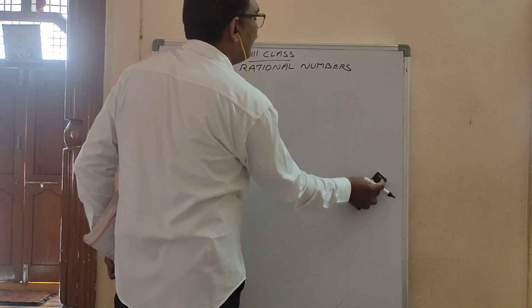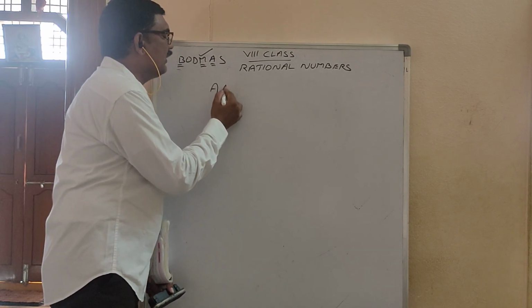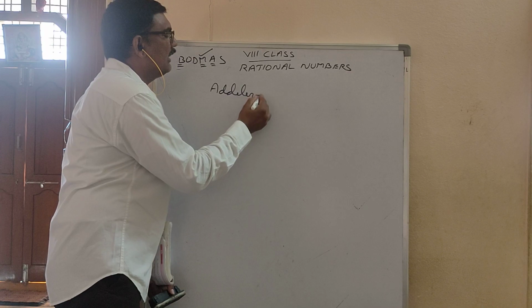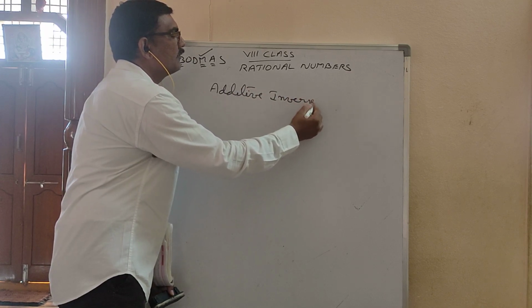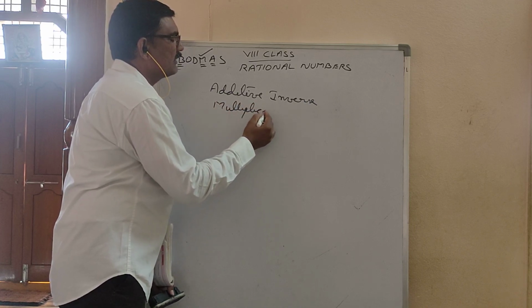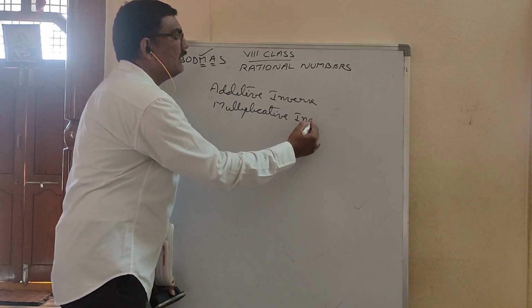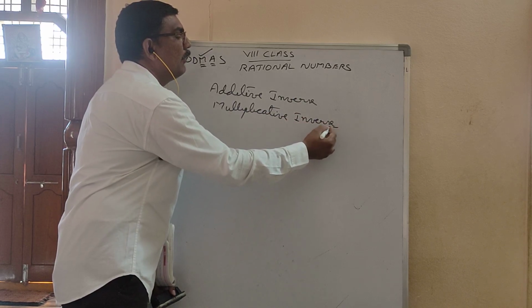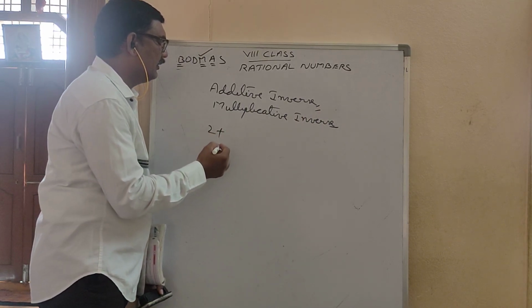What is inverse? Here we have two types of inverses: additive inverse and multiplicative inverse. What is additive inverse and what is multiplicative inverse? We will say it. You have to take one number.